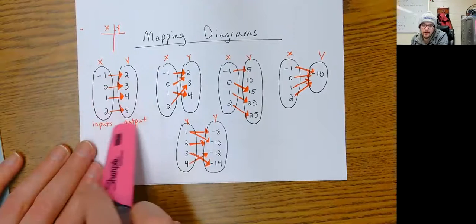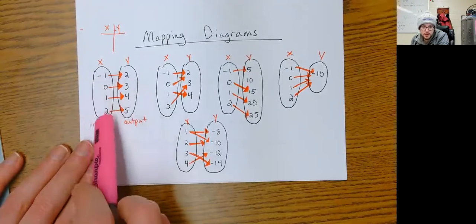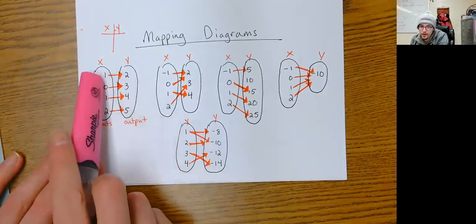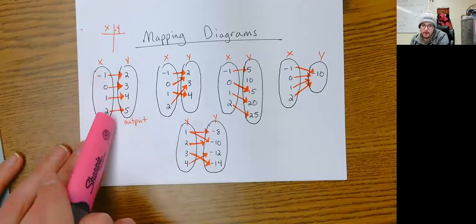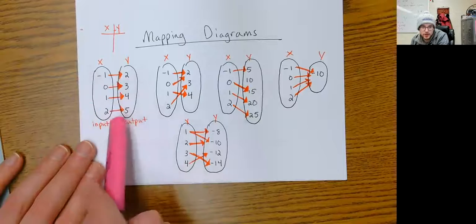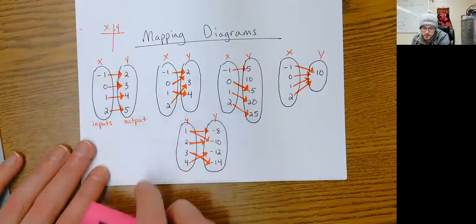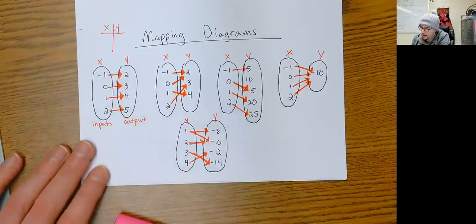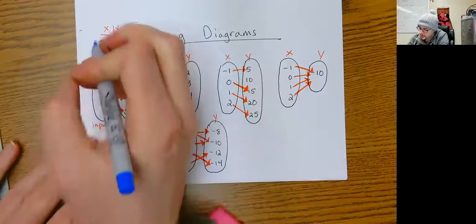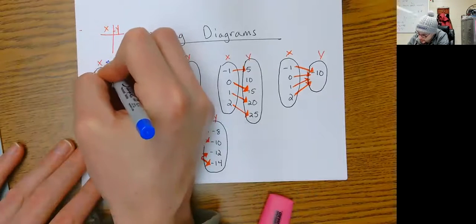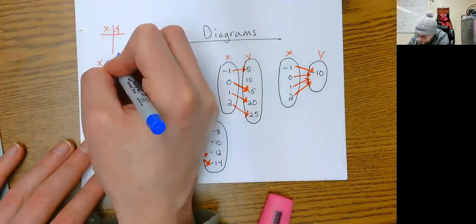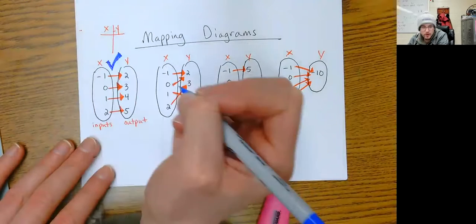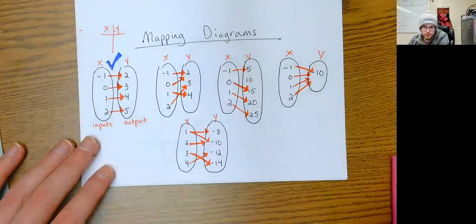A mapping diagram is a quick visual because basically, if there's one arrow coming from each input, then it's a function. So this one is a function. This one works. It's a function.